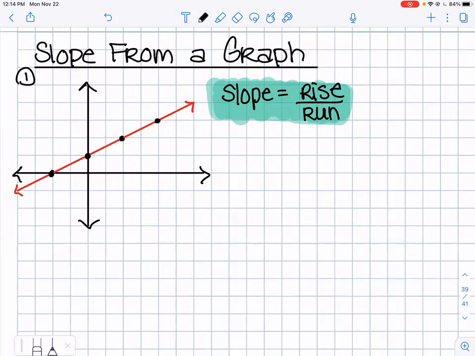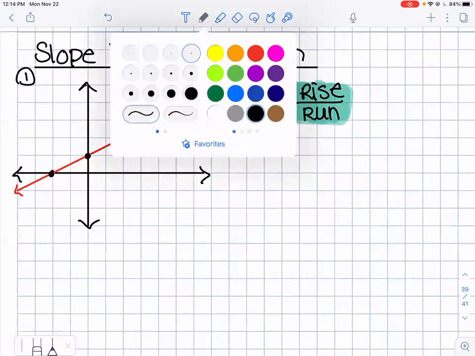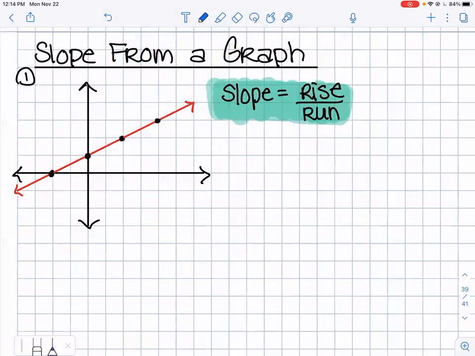Okay, so from this, all we have to do is pick a point on the graph that's like an exact point, right? So like right here, where it's on 2 lines that cross, is an exact point. And we're gonna count up and over to the next point. So we have to go up 1, to the right 2, right?